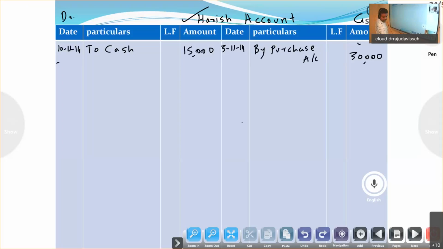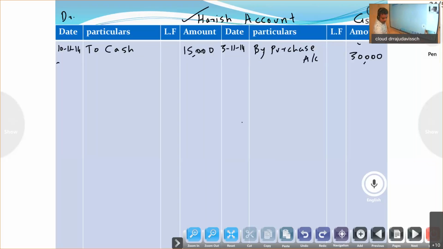In that entry, we have to look only at that account, whether Harish is debit or credit. Debit. So debit side. One thing you have to remember: which account we are preparing. Then you have to look in that entry, that account is debit or credit. If it is debit, debit side opposite aspect. If it is credit, credit side opposite aspect.